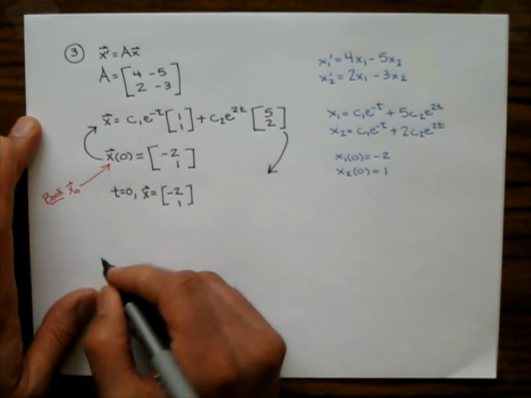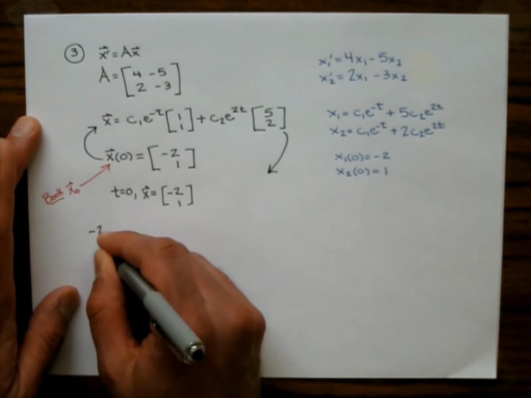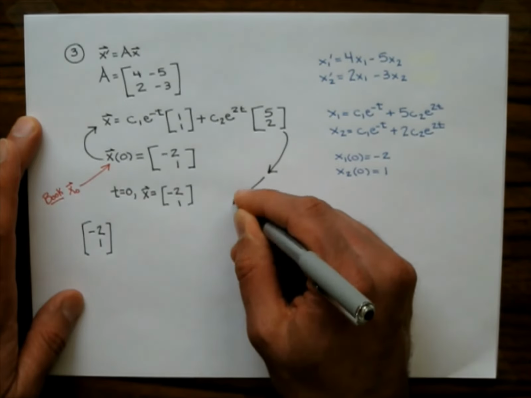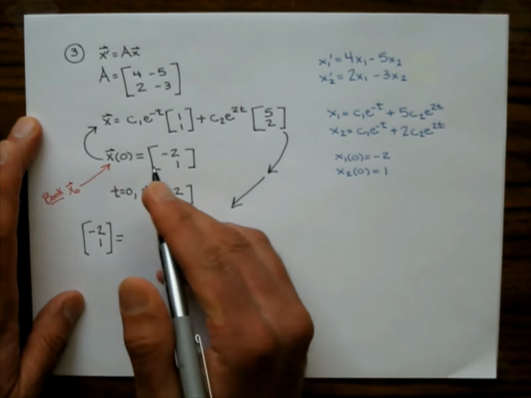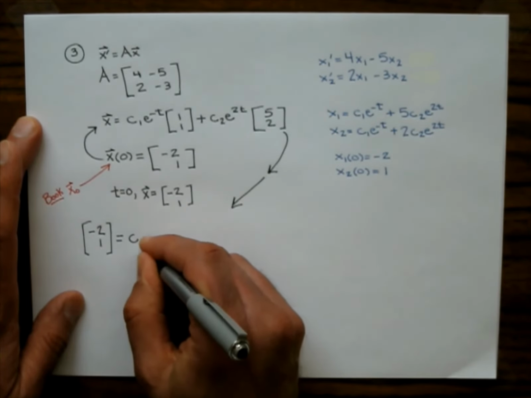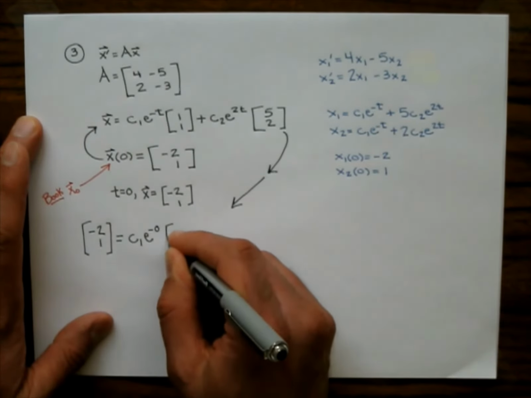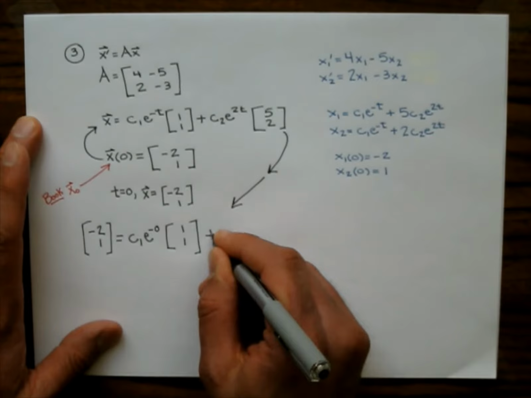So here it is, -2, 1. Let me extend this arrow here. So I'm writing up this equation, equals C1 e to the -0, 1, 1. I'm writing it all down because a lot of you are new with this notation.